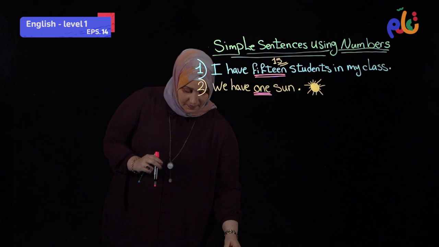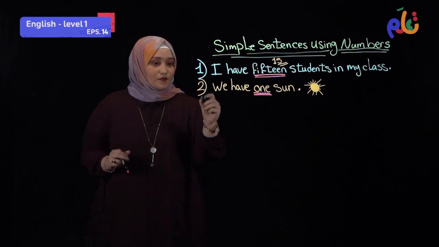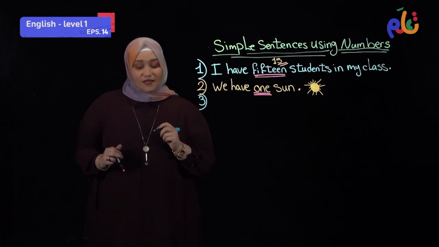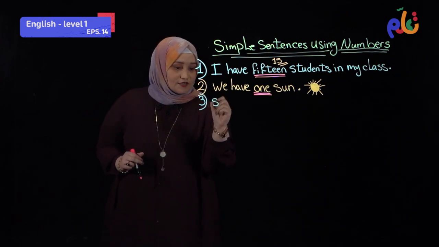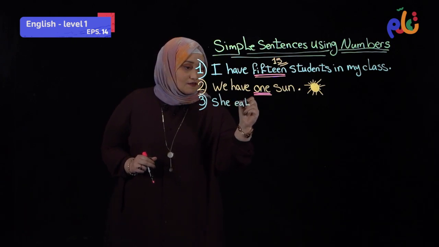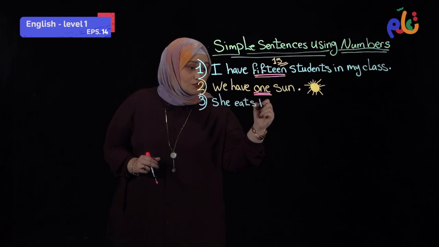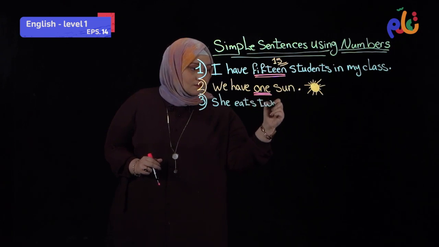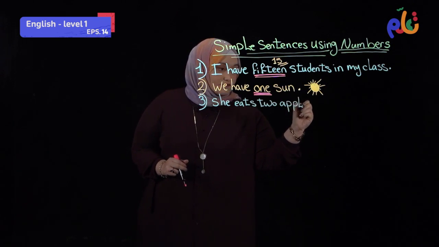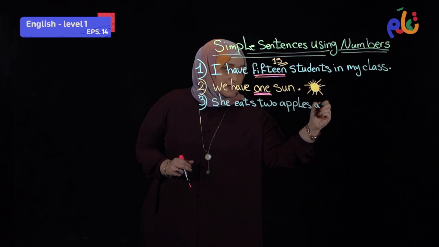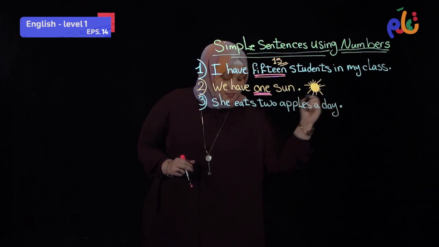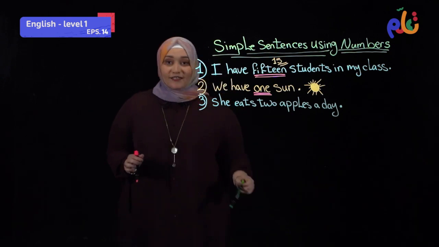Let's try another sentence. Let's write together one more sentence. Let's say she, for example, eats two apples a day. She eats two apples a day. هي بتاكل تفاحتين في اليوم.